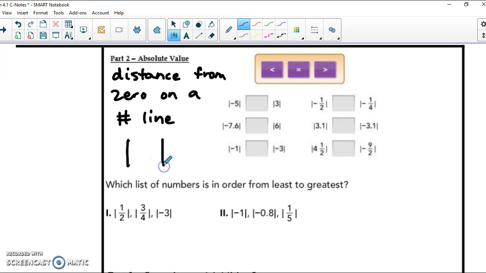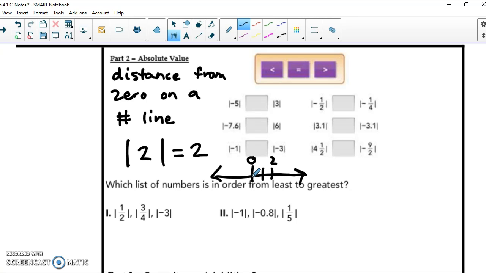So if I want to find the absolute value of the number 2, then I will place that number inside these absolute value bars. And what I'm asking for, if I say what is the absolute value of 2, is how many units is the number 2 from 0 on a number line. So obviously if here is 0 and this is 2, 2 is 2 units away from 0 on a number line. An absolute value is that simple.